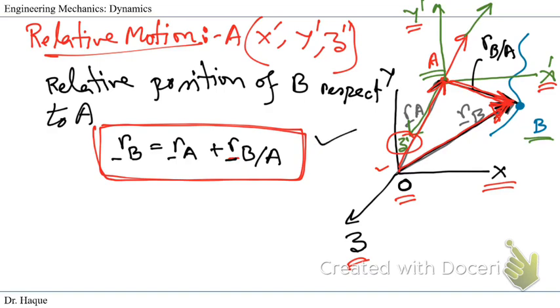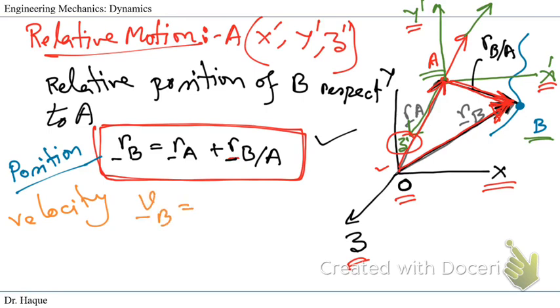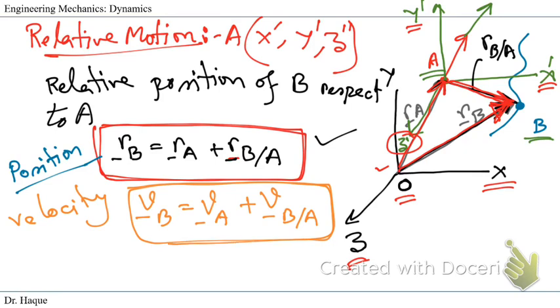Once we have this position equation, we can have our velocity equation in the same way: VB equals VA plus the velocity VB/A. So this is our velocity equation.